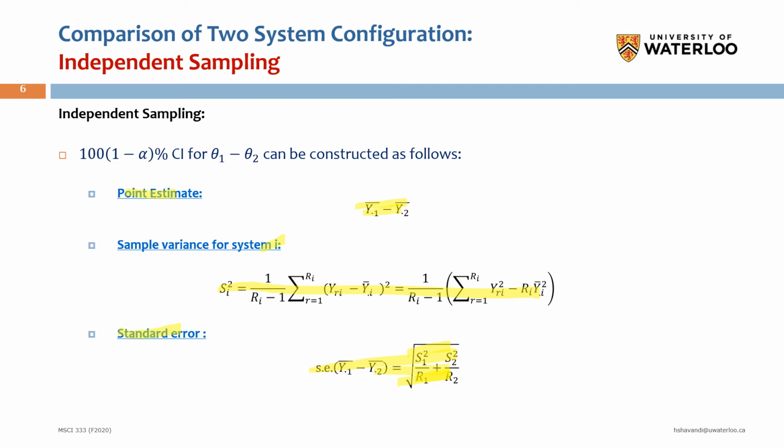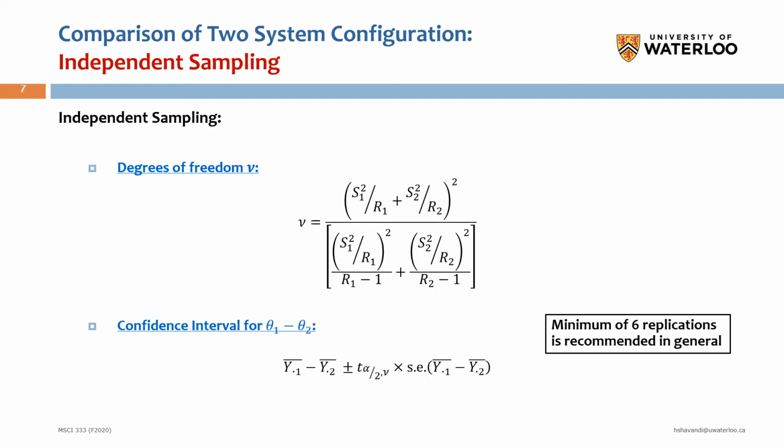We just need to obtain the degrees of freedom in order to obtain the t half alpha and nu. The degrees of freedom for the case of independent sampling, nu here, will be obtained by this equation. From now on, it's so easy.